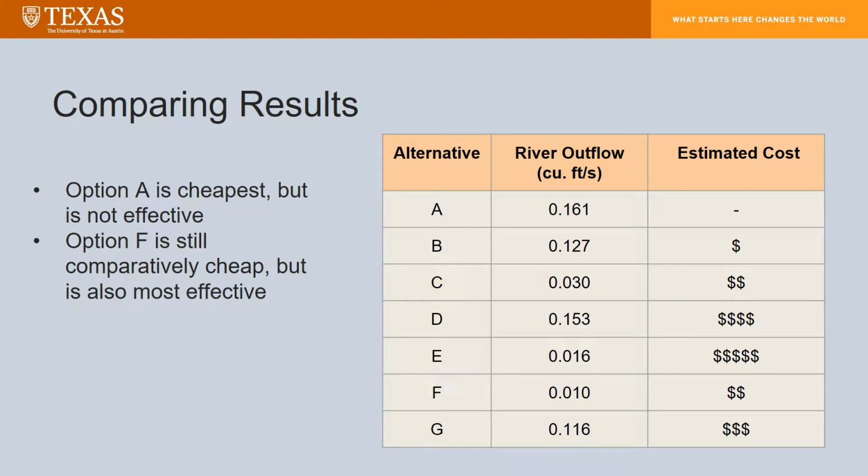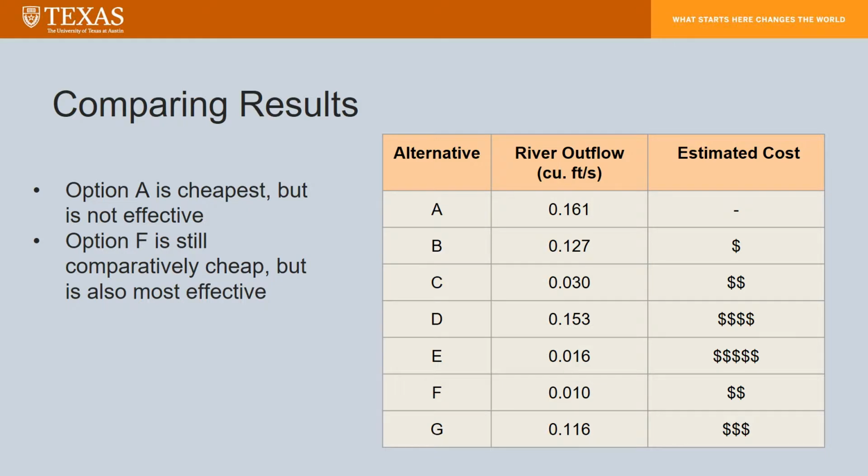So here we're comparing all of our alternatives. To do this, we looked at the river outflow from each option, as well as the estimated cost. And the estimated cost is based on how much it would cost to remove the contaminated water, as well as the construction costs for each method.